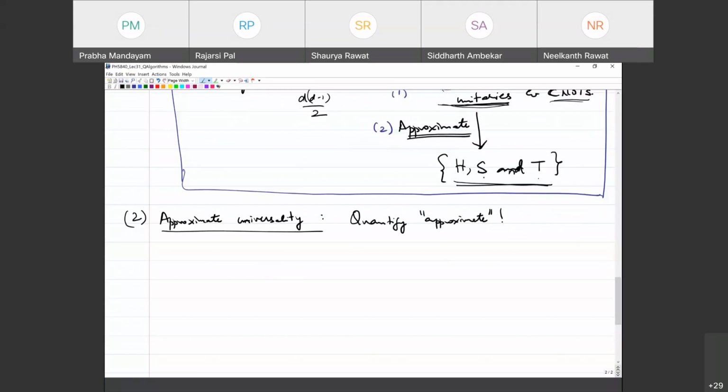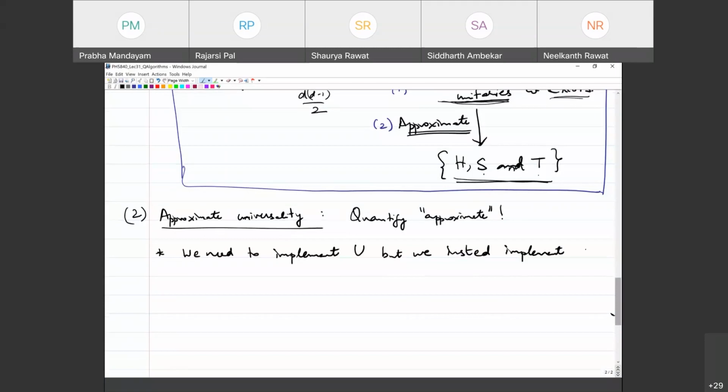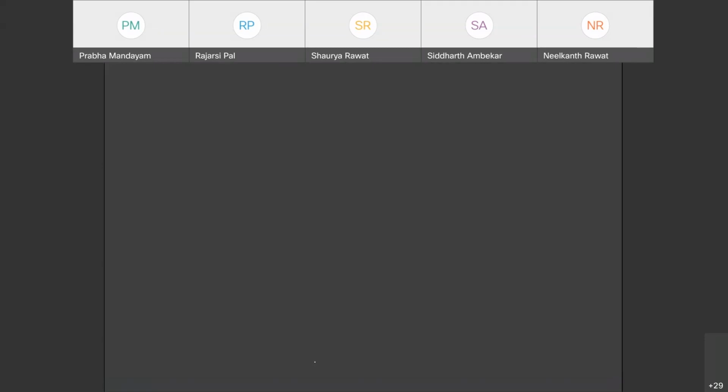Now, suppose we need to implement a gate. We need to implement U, but we instead implement V. Now, how do I argue that V is somehow very close to U?